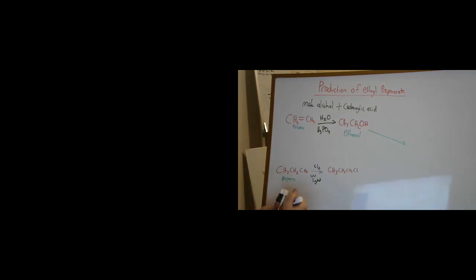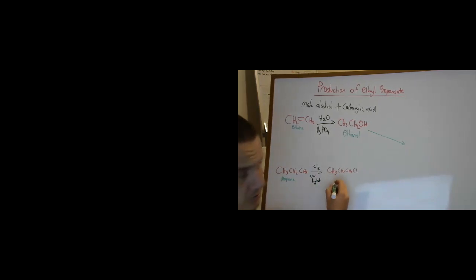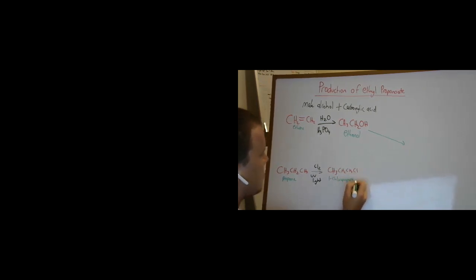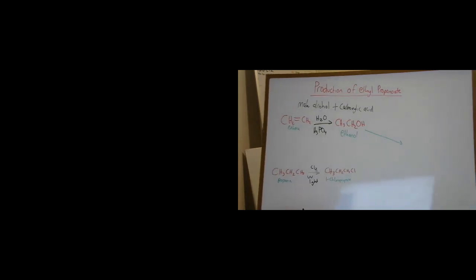So we mix propane and chlorine, it makes 1-chloropropane. So chlorine is attached to the first carbon of the propane backbone.